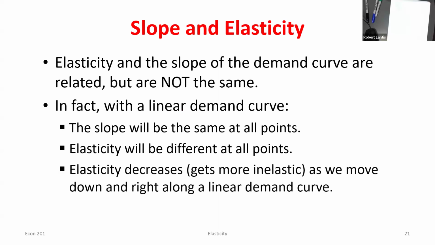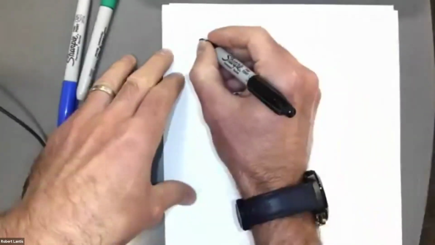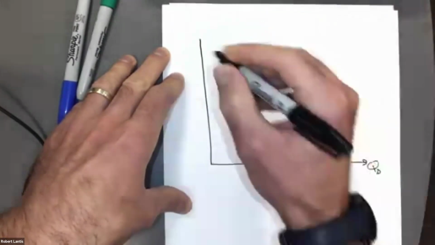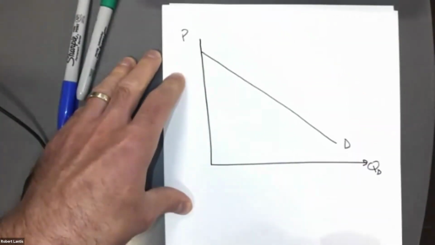Okay. A general rule of thumb is that as we move down that demand curve, our elasticity is going down, or we're becoming more inelastic. So I've got an example here, but I think I'm going to draw an extreme example to hopefully convince you of this before we just start using that principle. So let's say I've got my quantity demanded, I've got my price, I've got my demand curve here.